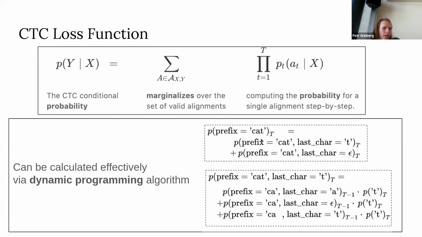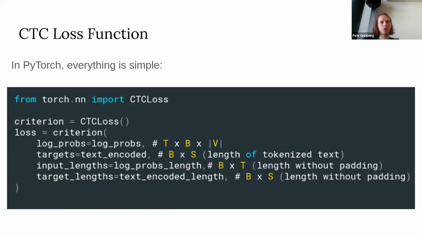So we can say that this is our sum. And for example, for last char equal T, we can say that it also looks kind of like this. So using these equations, we can calculate CTC more effectively. We won't go into deep details about this, because in PyTorch you don't care how it calculates.